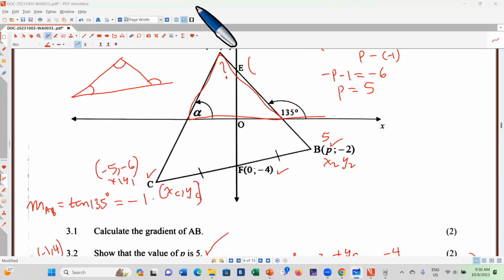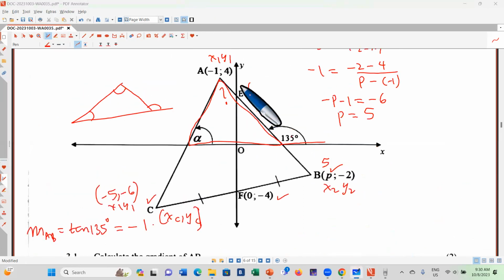If we can find the coordinates of the point E, then we'd have made significant progress. What are the coordinates of the point E here? We don't know the equation of the line AB yet. We found that of AC, so how do we calculate the equation now?